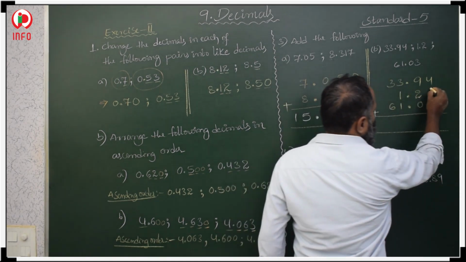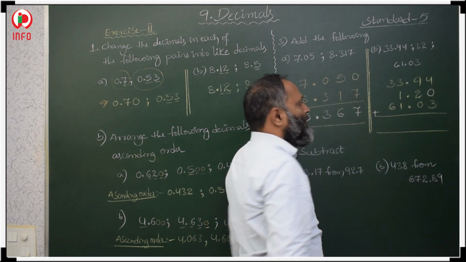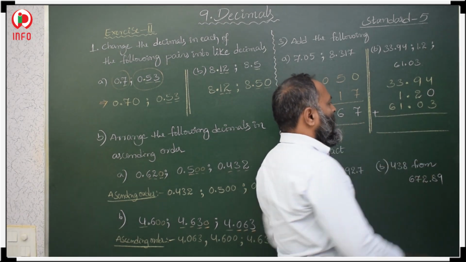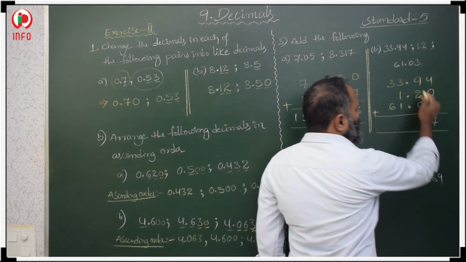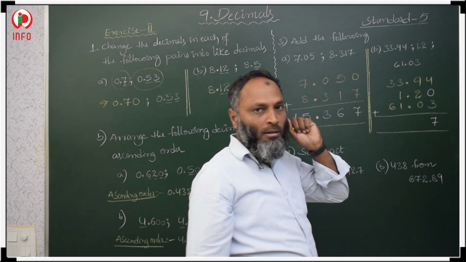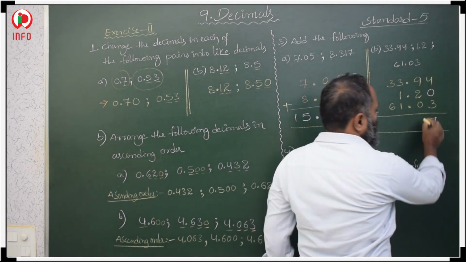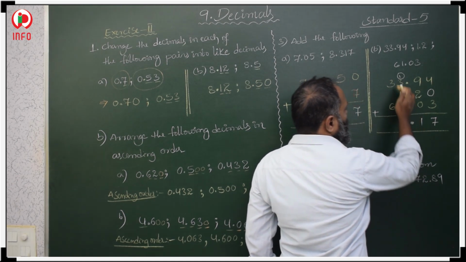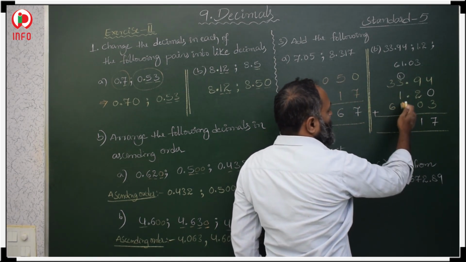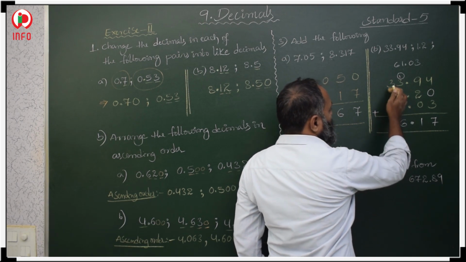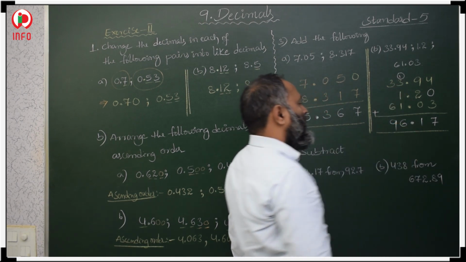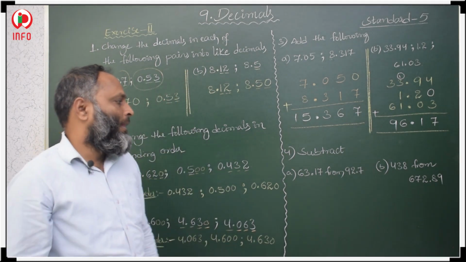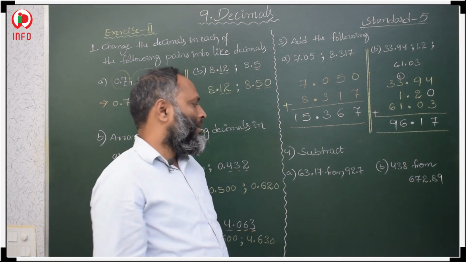Here in the second decimal there is no tens place, keep 0. Now add: 4 plus 0, 4; 4 plus 3, 7; 9 plus 2, 11; 11 plus 0, 11, 1 here and 1 here. Then point. 3 plus 1, 4; 4 plus 1, 5; 5 plus 1, 6; 6 plus 3, 9. 96.17.